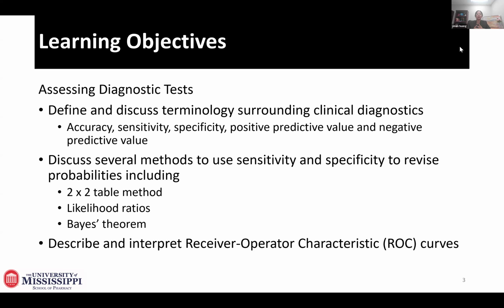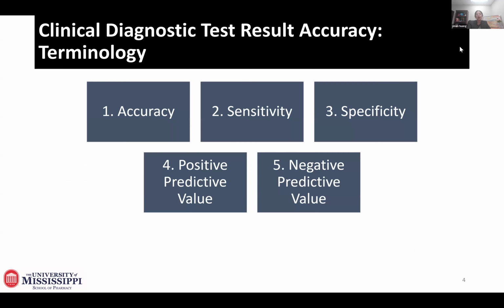Specifically, we will go through 2 active learnings. One is which I believe Dr. Sharma has shared with you, 1 page of active learning. So I will walk you through these 2 active learnings. And lastly, we will briefly discuss the receiver operating characteristic curves.